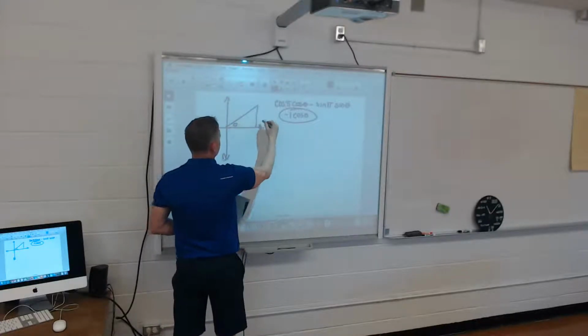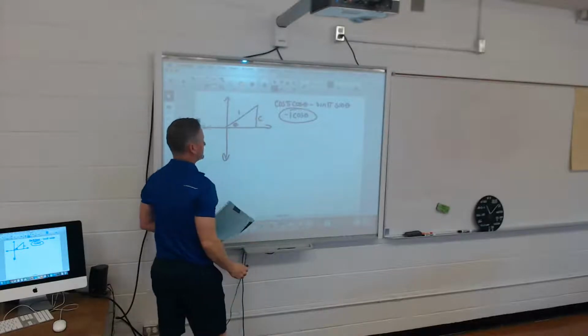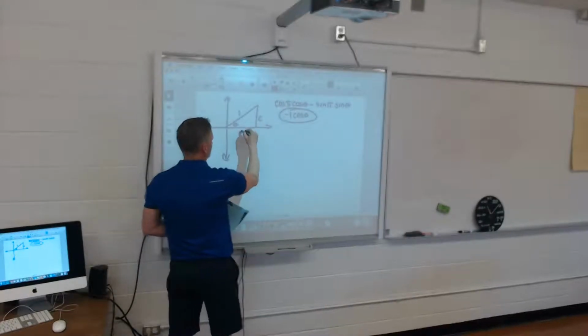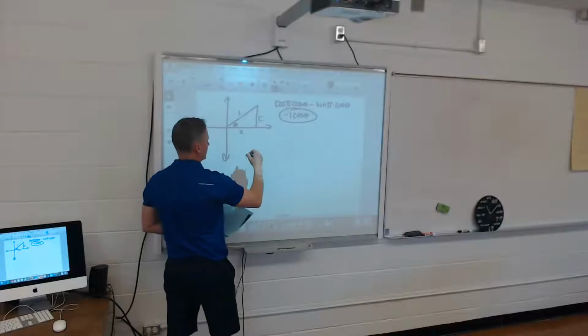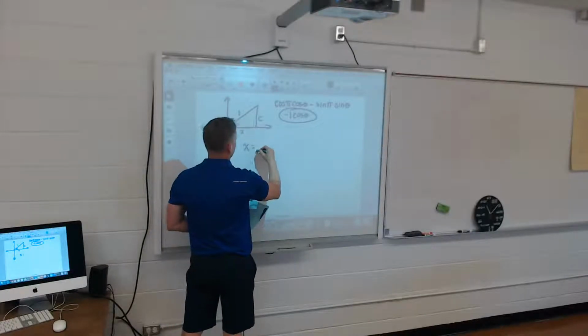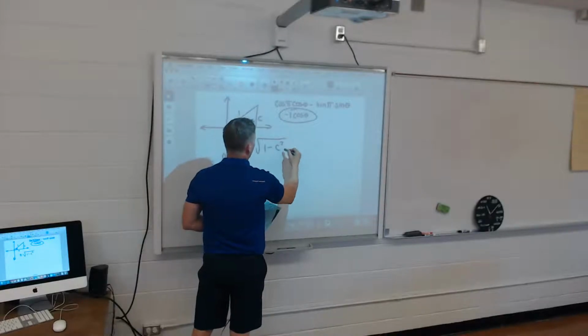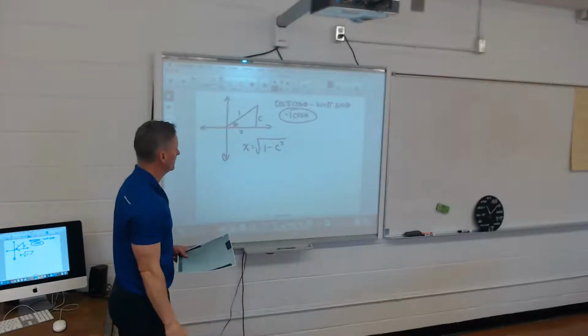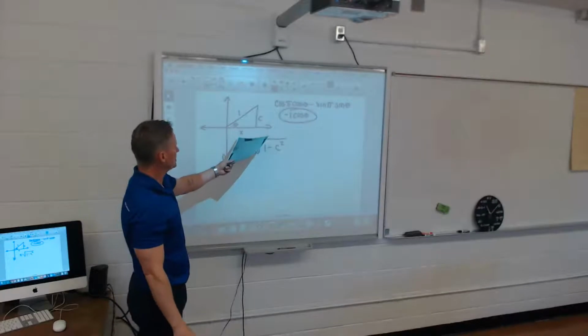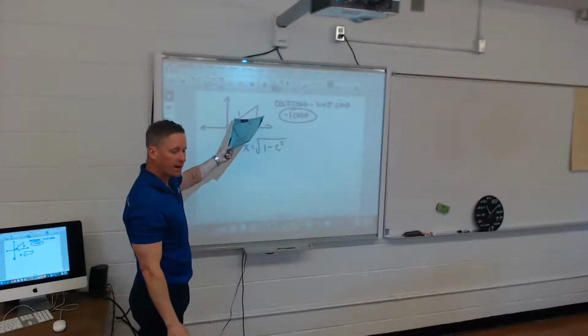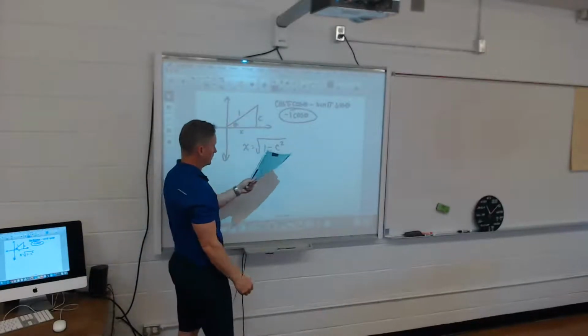So now I draw out my triangle. It says that sine theta is c, so that's c over 1. So to get this right here, x is equal to the square root of 1 minus c squared. All right. So my cos theta is x over 1. X is equal to this.